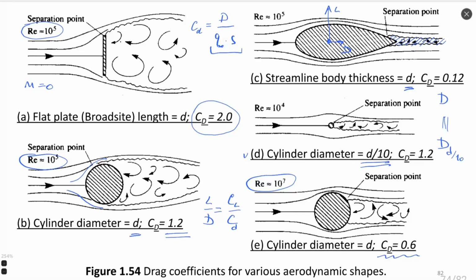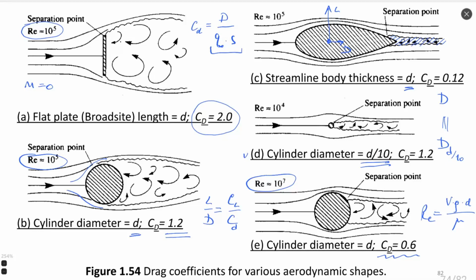Now, what is the Reynolds number? It is the ratio between velocity, density, and size divided by viscosity. So we have to somehow increase this Reynolds number: either we increase velocity, or we increase diameter.